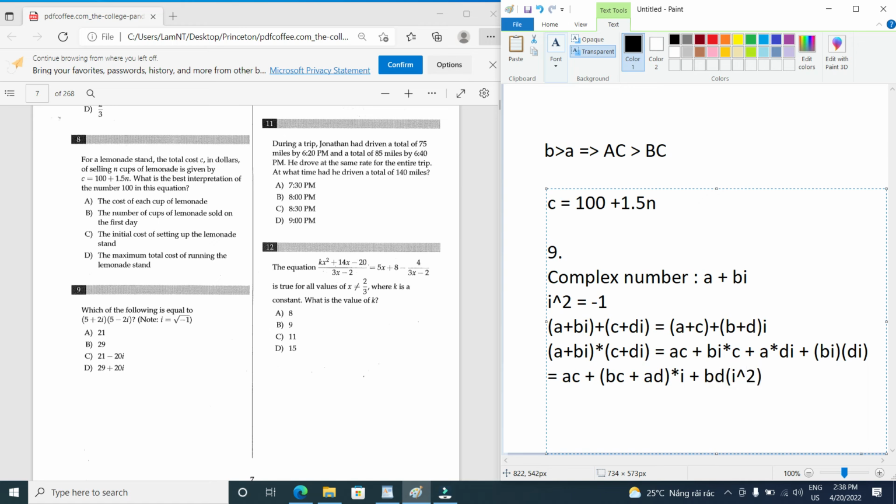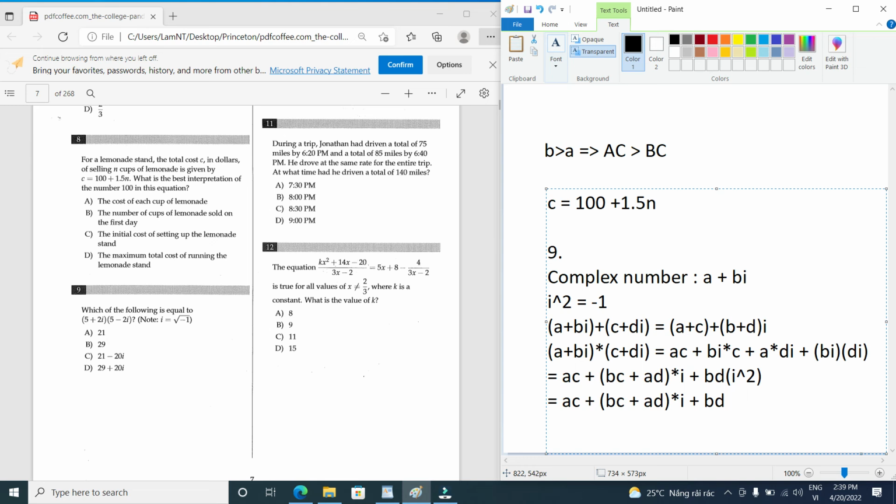Of course we put i squared because i times i is i squared. The first part is going to be intact, but for the last part we can replace i squared with -1, so it should be bd times -1.